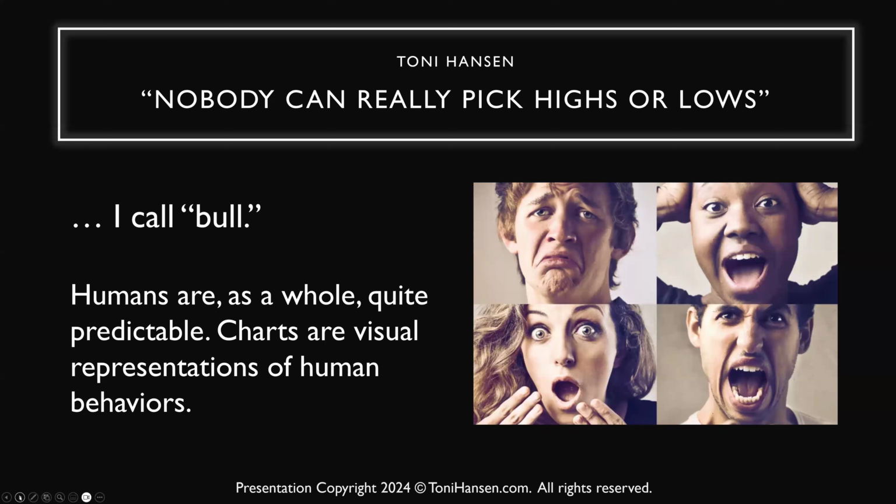Humans as a whole are very, very predictable, and charts are just a visual representation of human emotions. A lot of the problem that traders run into is building their confidence in reading the charts.